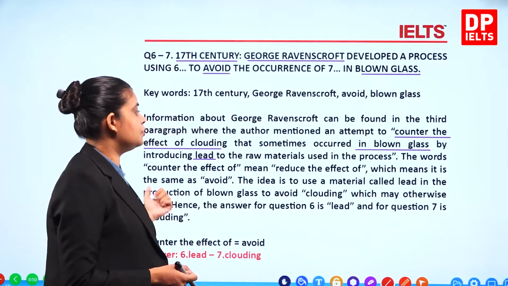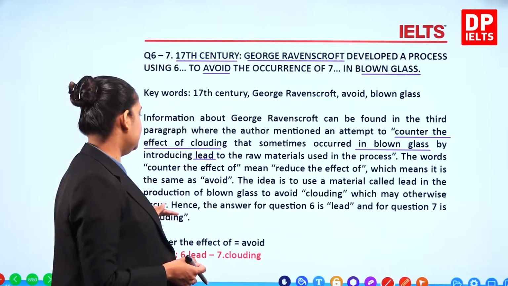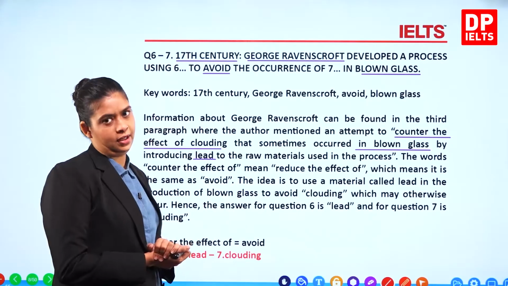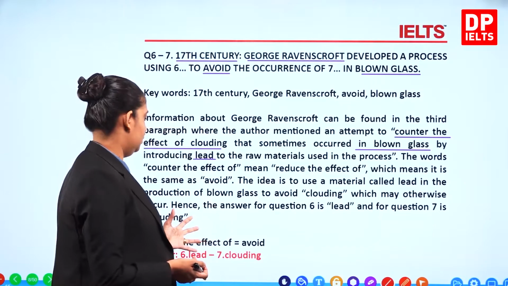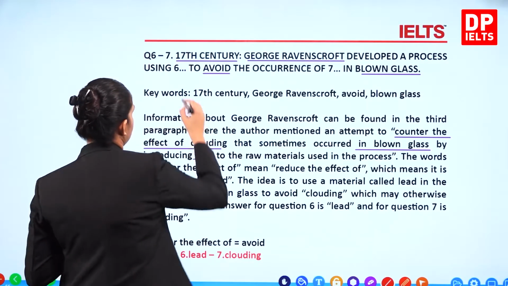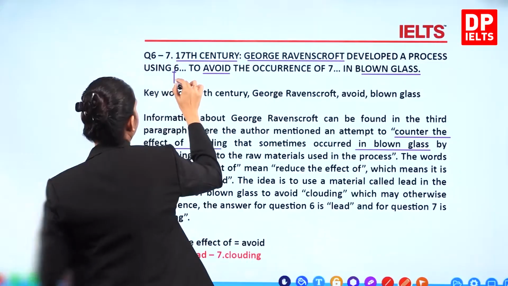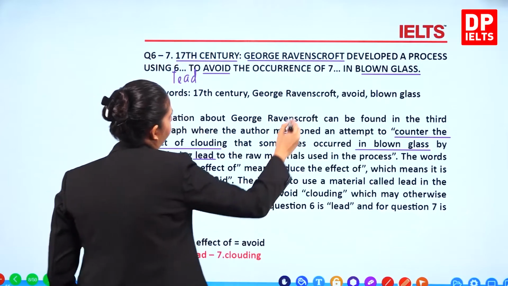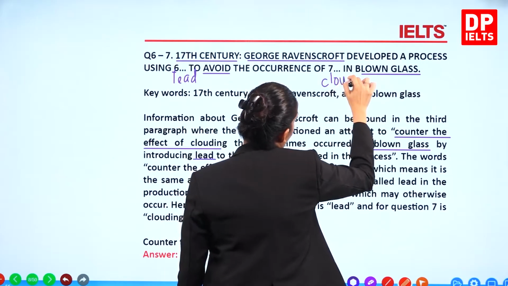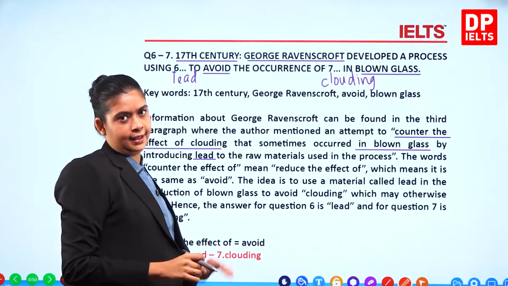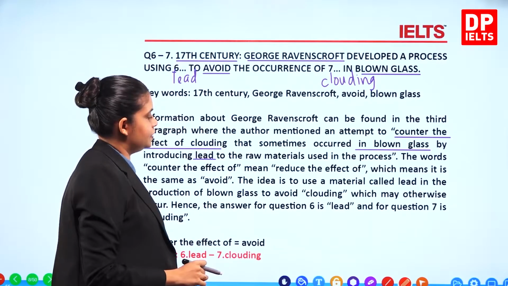The idea is to use a material called lead in the production of blown glass to avoid the clouding problem, right? So, they developed a process using lead to avoid the occurrence of clouding. And that's what you can see here, the two answers, right?